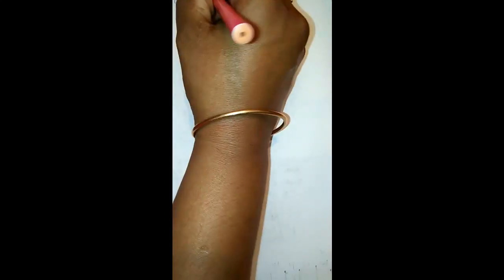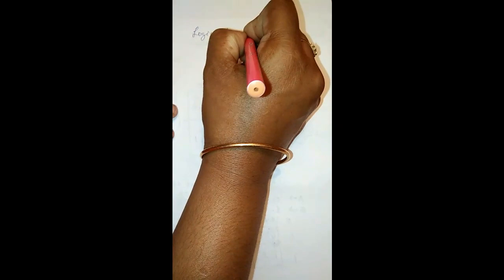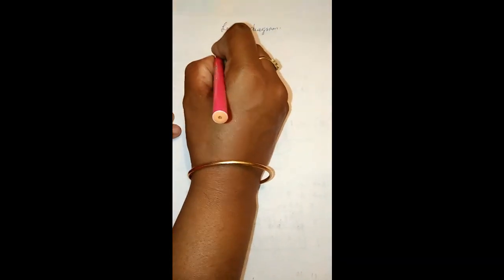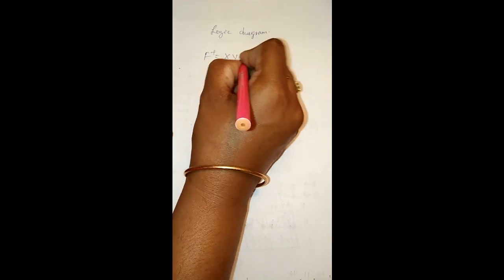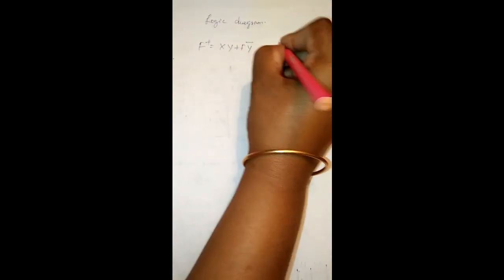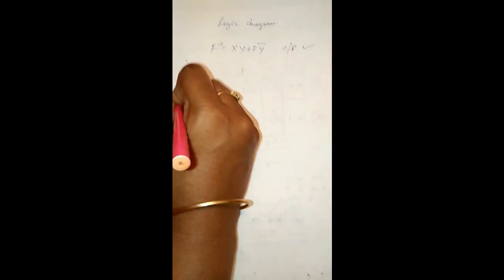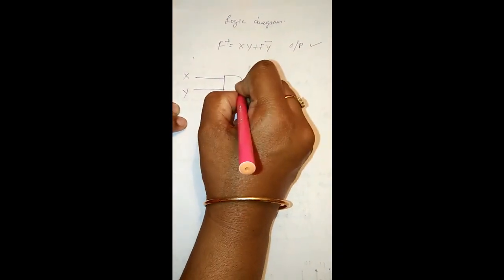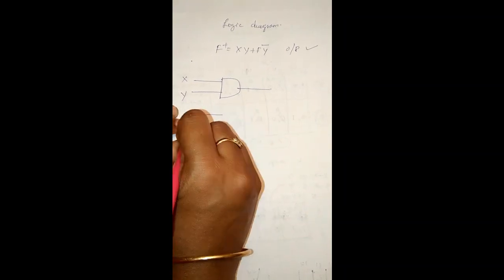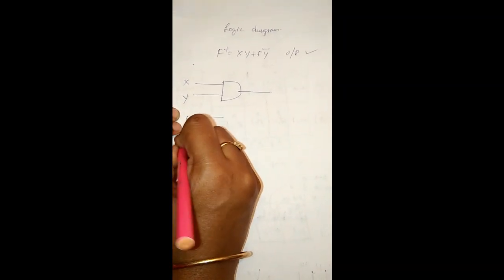And the last step of the asynchronous sequential circuit design is your logic diagram. Since this logic diagram is the same for both cases, let me draw that. You have F plus is equal to XY plus F Y bar, and the output is also the same, right? So I'll take my two inputs X and Y, connecting with an AND gate, and I'll take my other inputs F and Y bar.